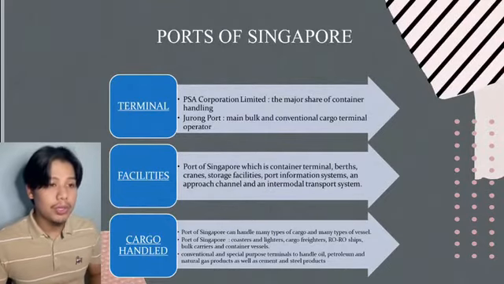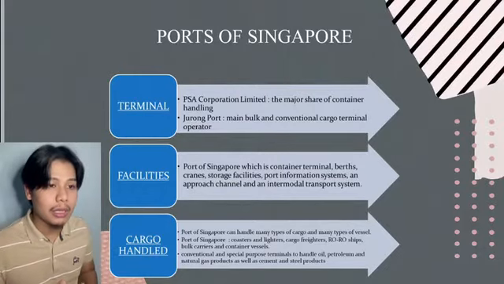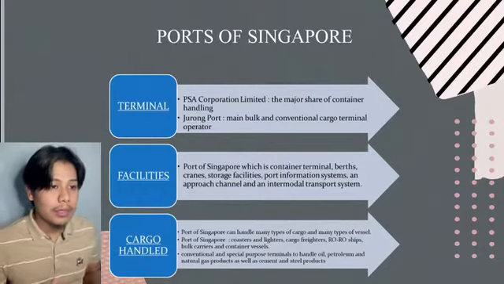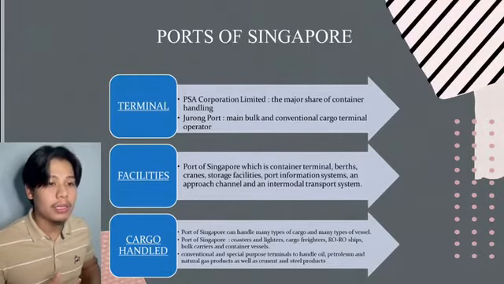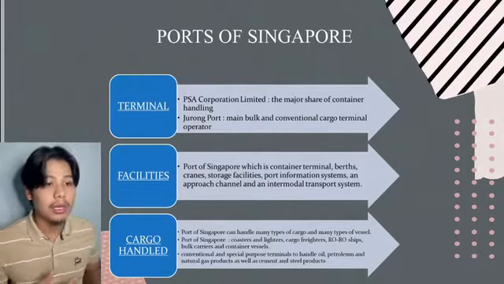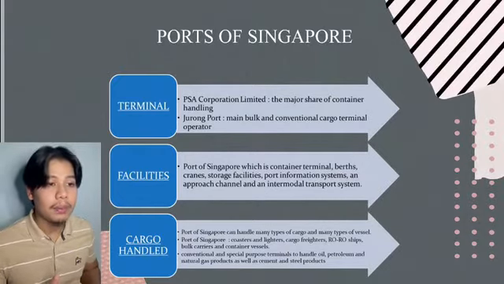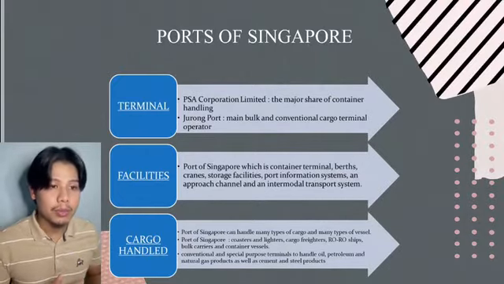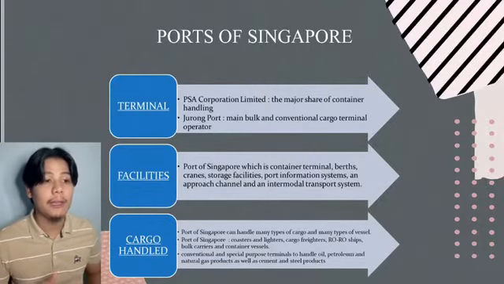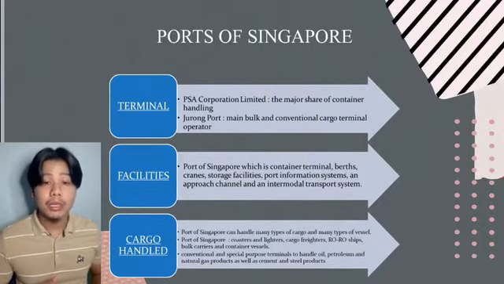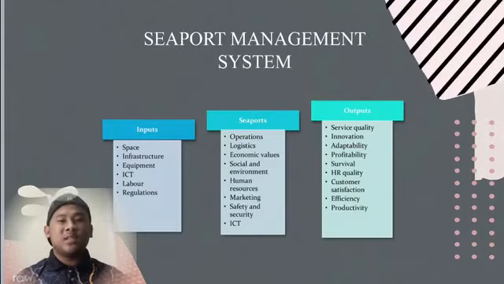The terminals can also handle coastal and lighter cargo freight, ro-ro ships, bulk carriers and container vessels. It also has conventional and special purpose terminals to handle oil, petroleum and natural gas products, as well as cement and steel products.